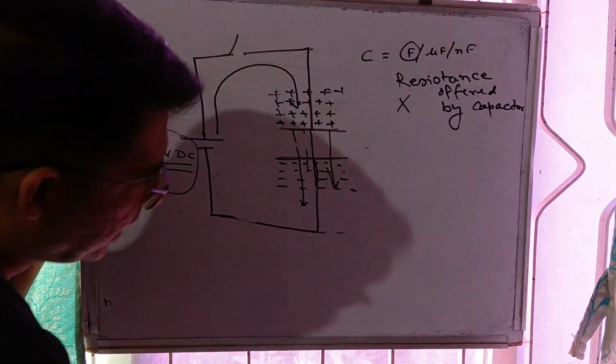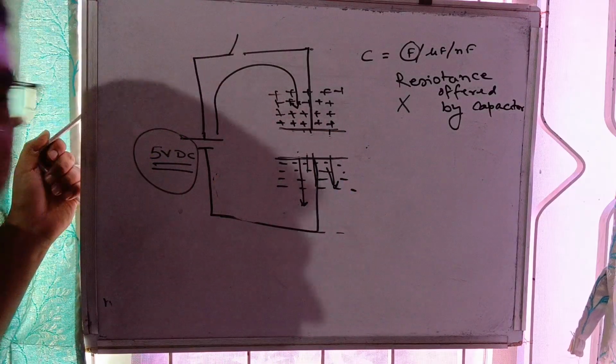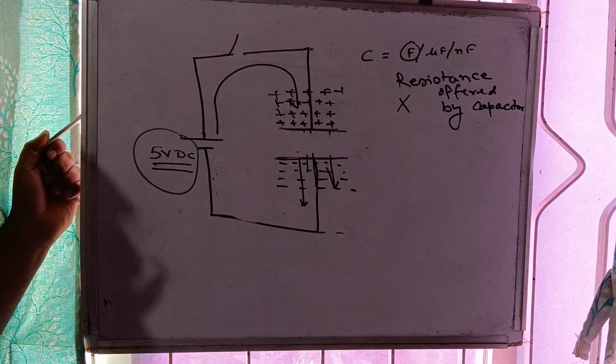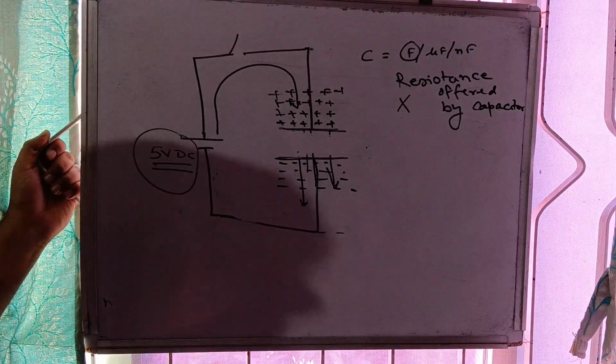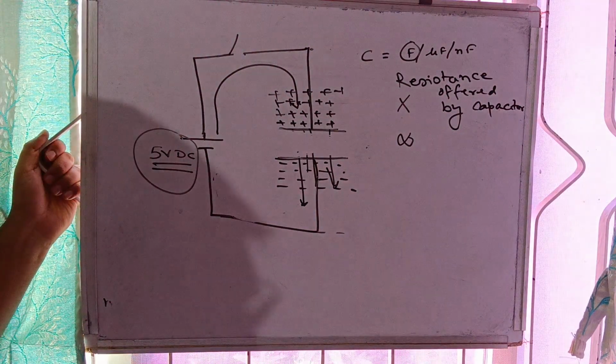Now in this case it is very simple: when we apply a DC voltage, infinite resistance is being offered. Now what do you mean by infinite resistance?